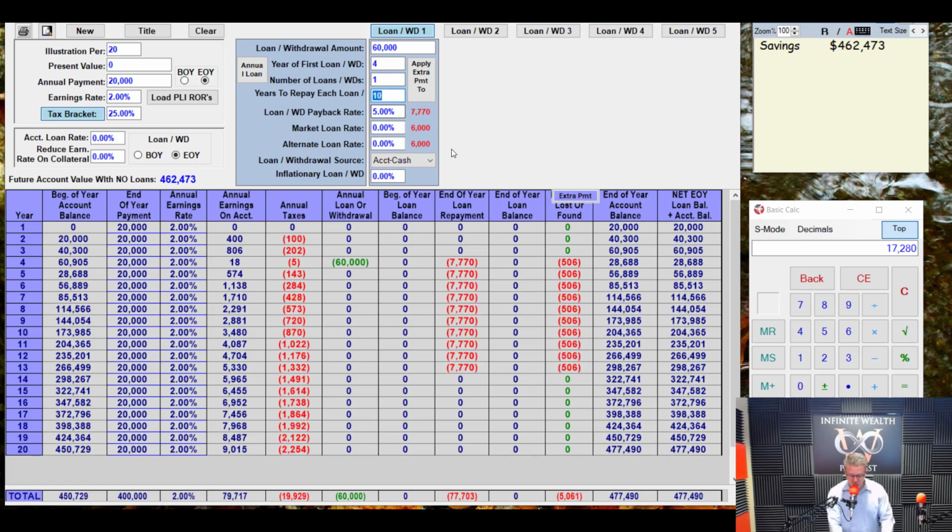So what we've done is we've taken out $60,000. Then we are charging ourselves 5%, so we have that extra money, and that is going back into our bank account. So with the payback, we have 477, 490.